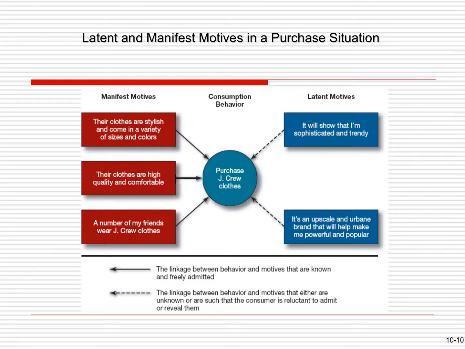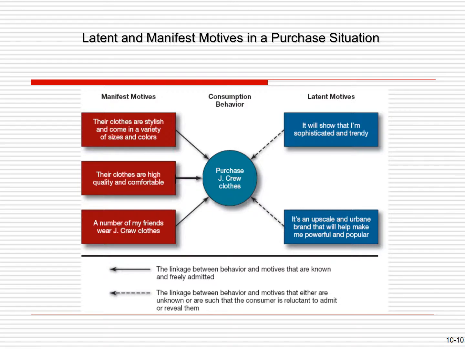While that's the manifest motive, the latent motive that is a driving motive behind the manifest motive is that I want to look like I'm sophisticated and trendy, or it's an upscale and urbane brand that will help make me powerful and popular. Again, not something that consumers are willing to even attribute to a specific brand, but we know that it happens. So here's the trick.